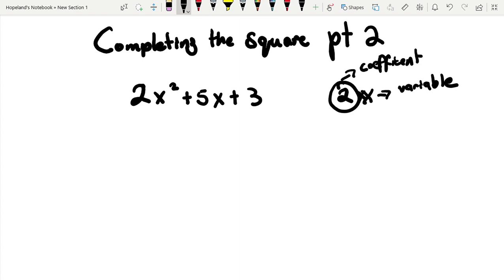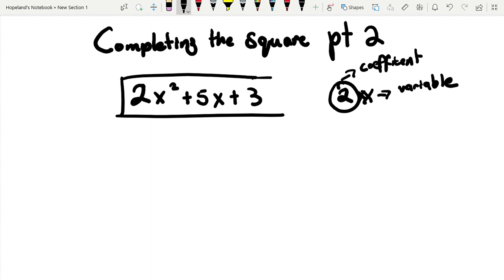Okay, with that being said, we'll move on to completing the square of this expression, 2x squared plus 5x plus 3. Just like in the last video, you want to start by putting parentheses around the x terms. We'll do that like so.